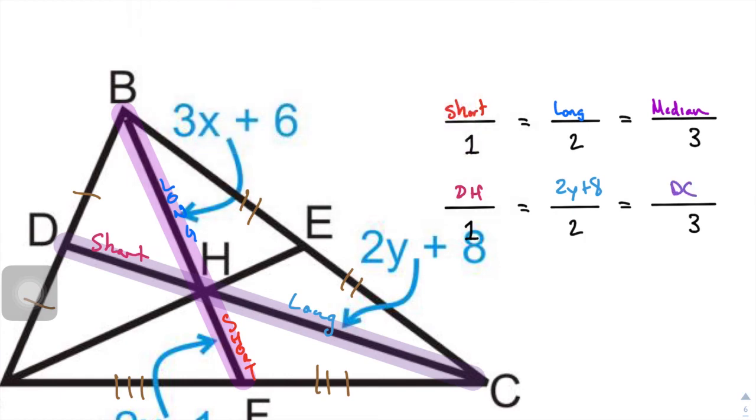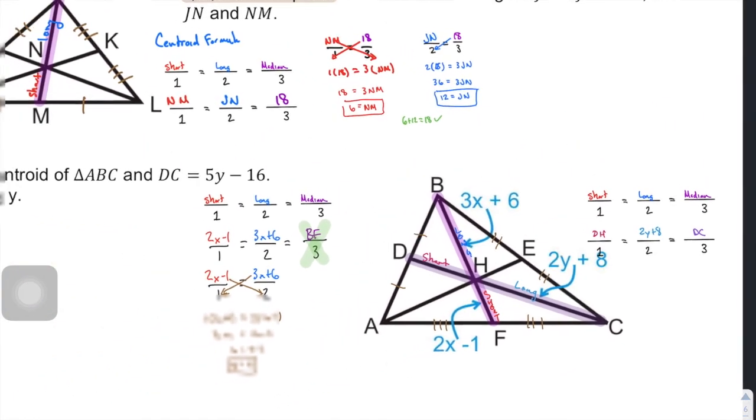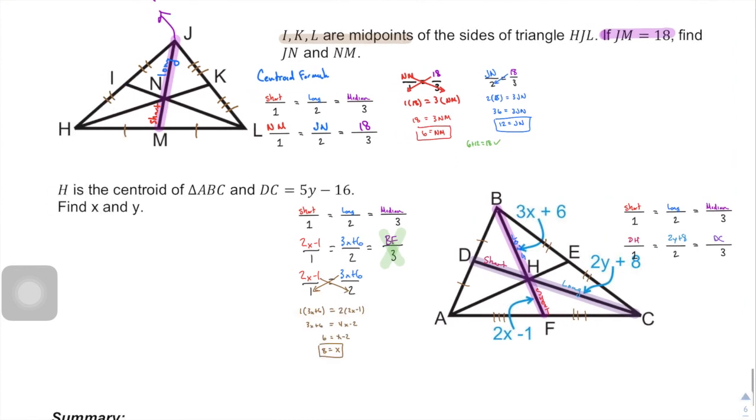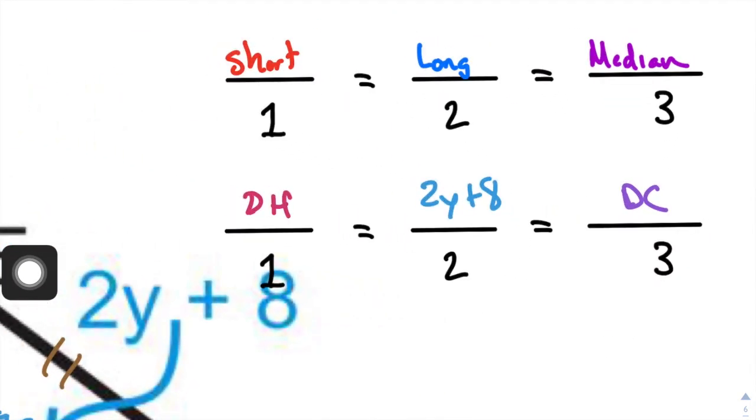So I don't have another thing to solve it for. Let's double check the instructions to see if there's any information that we missed. H is the centroid of ABC, and DC equals 5y minus 16. So really, I can substitute this DC with 5y minus 16.